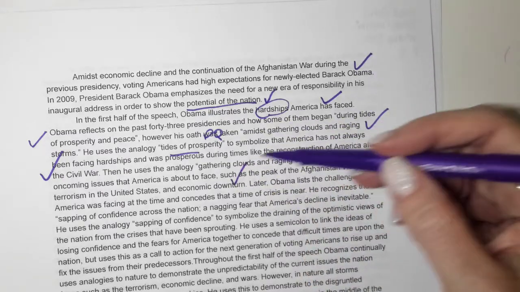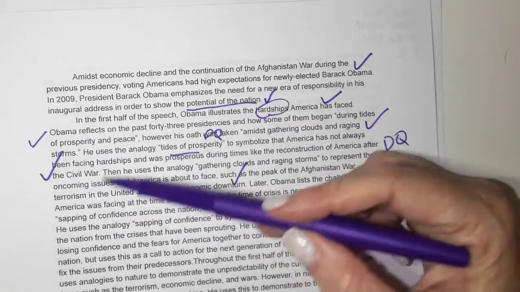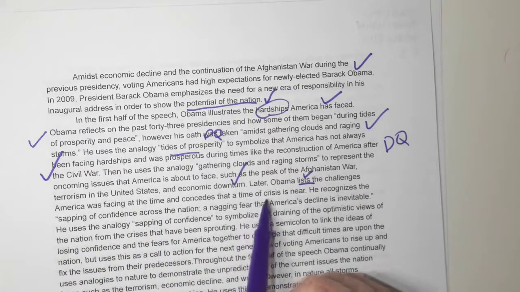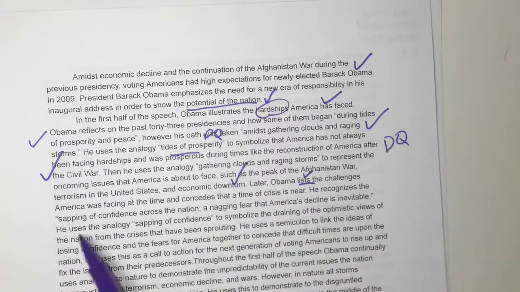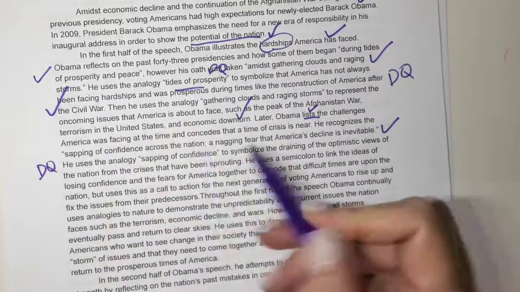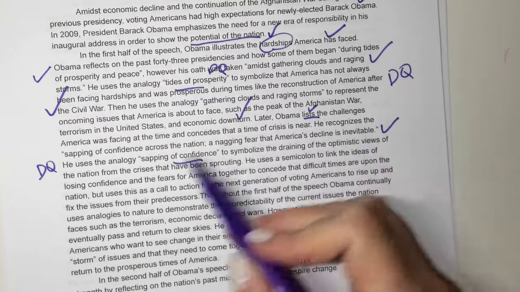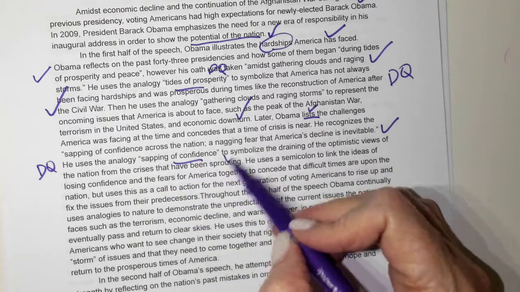Good. Later, Obama lists the challenges America was facing at the time and concedes that a time of crisis is near. He recognizes the sapping of confidence across the nation and nagging fear that America's decline is inevitable. He used the analogy of sapping confidence to symbolize the draining of the optimistic views of the nation from the crisis that have been sprouting.